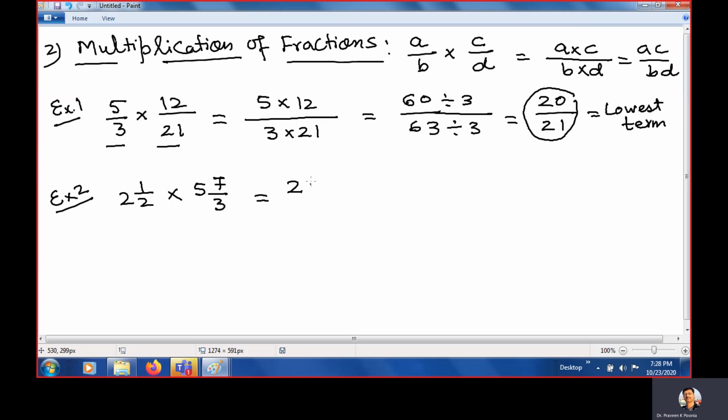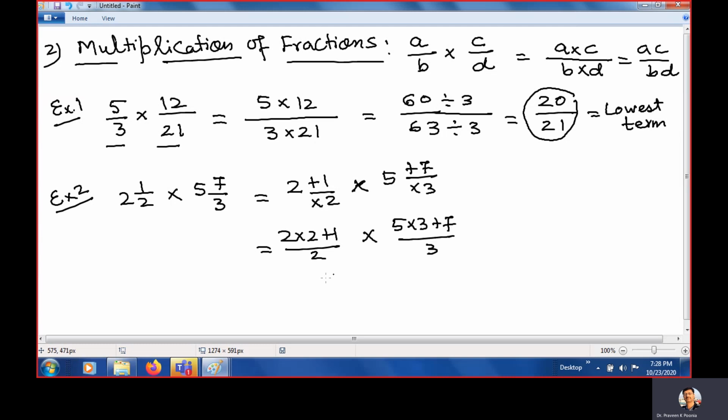So what will it be? 2 times 2 plus 1 upon 2, and 5 times 3 plus 7 upon 3, sorry, this is multiplication.